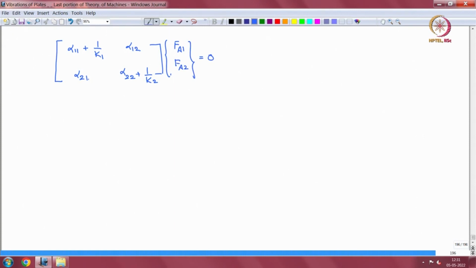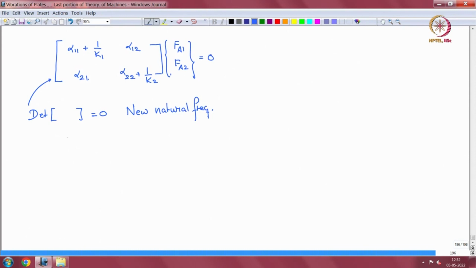So now the determinant of this matrix, which is quite involved, when you set it to 0, will give you the new natural frequencies.